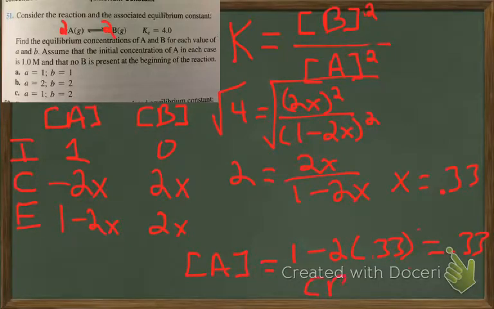And the concentration of B is going to be 0.66. Those are molar concentrations. All right, now let's do C. What is the concentration of these things? 0.66 molar, because it's just 2x.